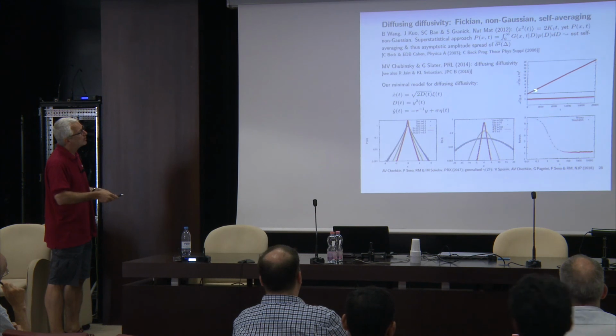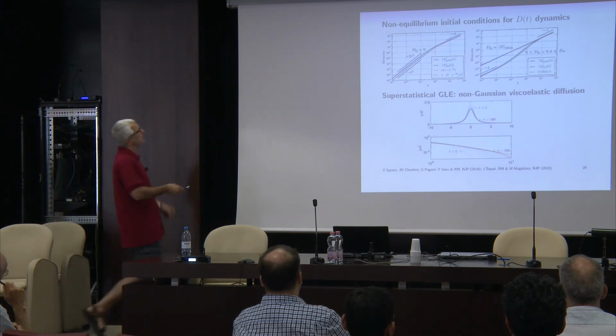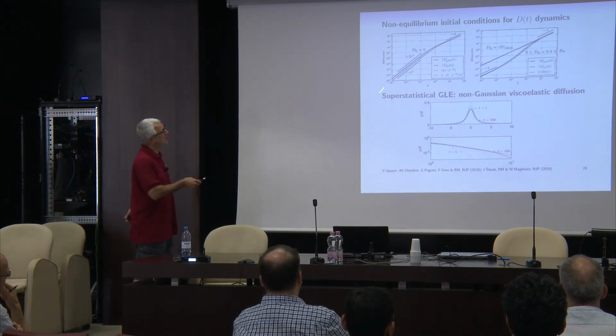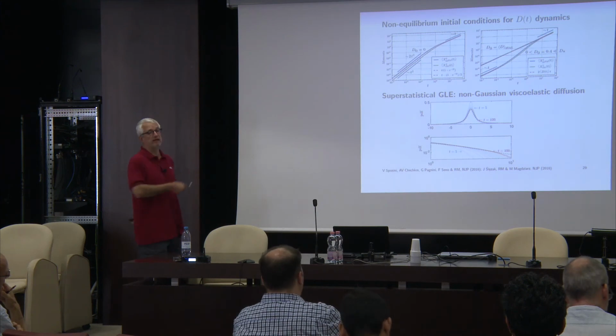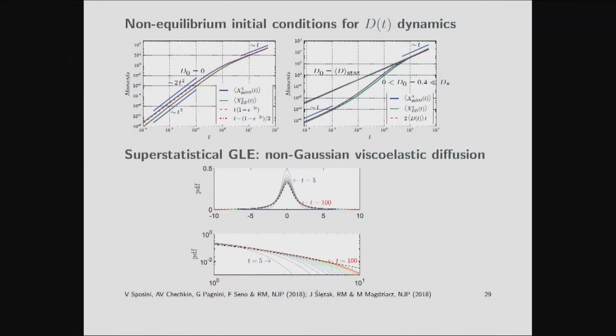Before, when we start with an equilibrium distribution of the diffusivities, we have this perfect linear behavior, and here we get crossover behaviors depending on the initial value of the diffusivity. For instance, when it's 0, the diffusion first has to heat up, so it actually leads to a ballistic motion that then crosses over to normal.